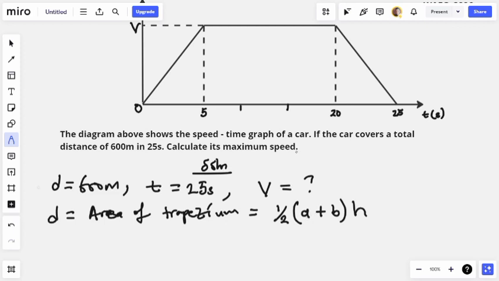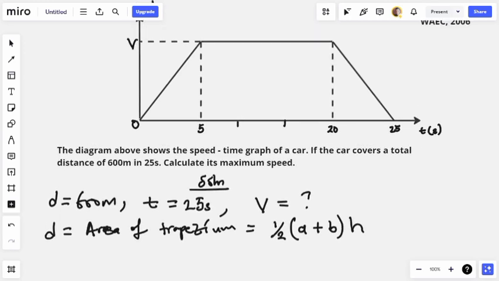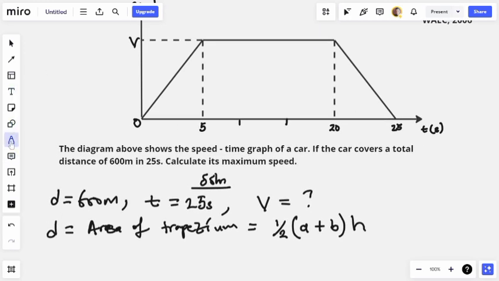However, our a will be the distance between, if we label this point x and then this point y, our a means the distance from x to y. Then our b means distance from origin here to here, which is 25.